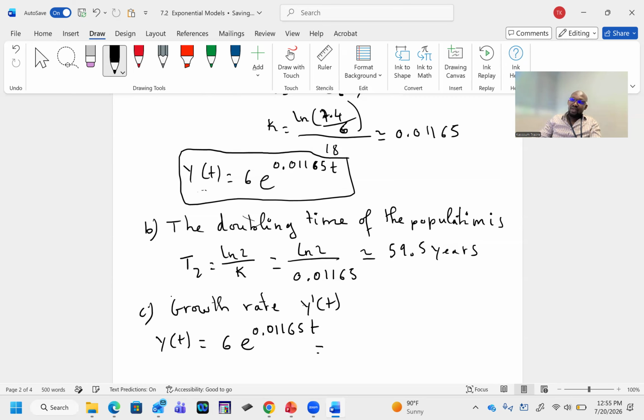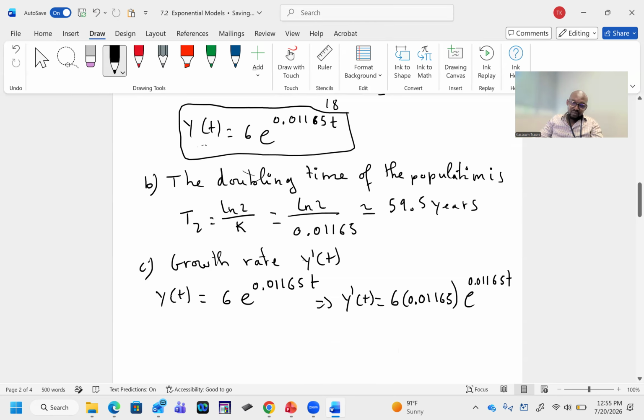Then we will find y prime, the derivative, 6 times 0.01165 e to the power of 0.01165t, which means y prime of t will be 0.0699 e to the power of 0.01165t.